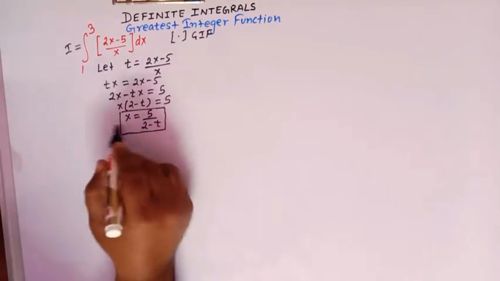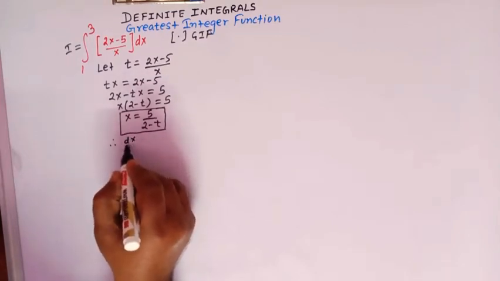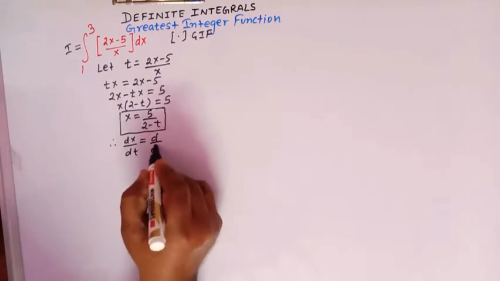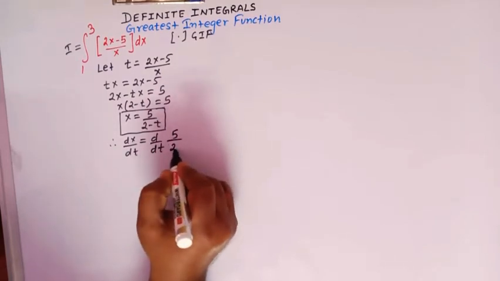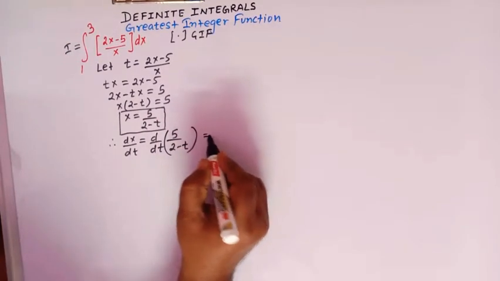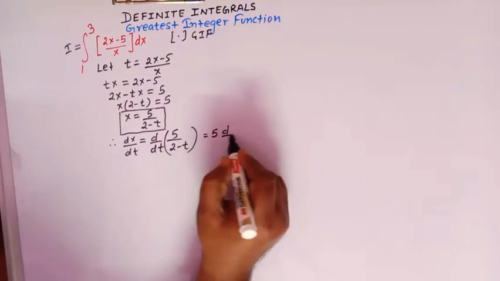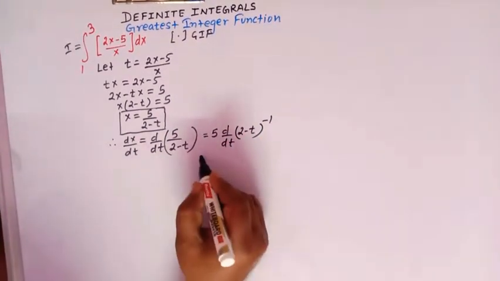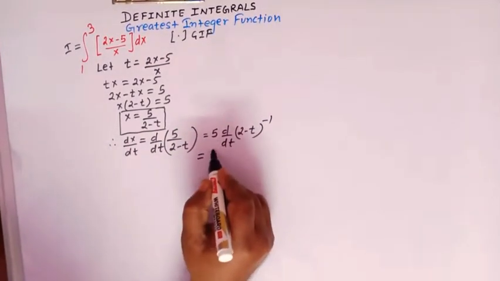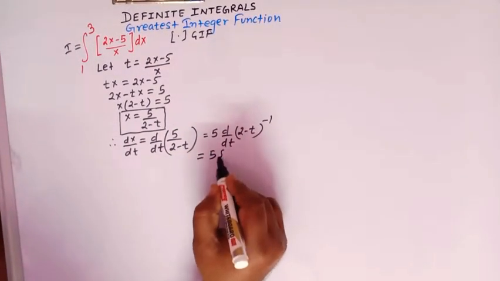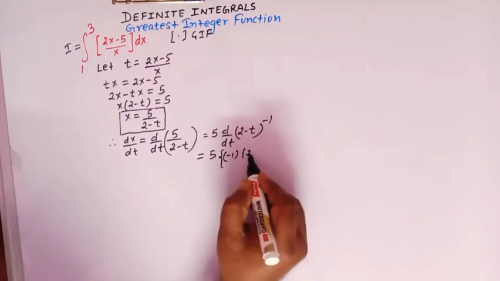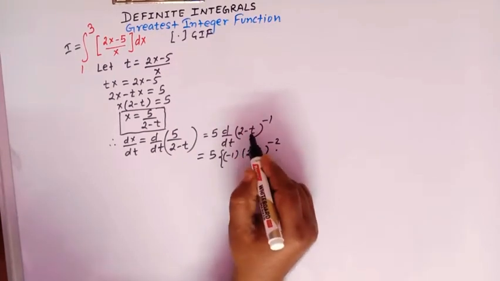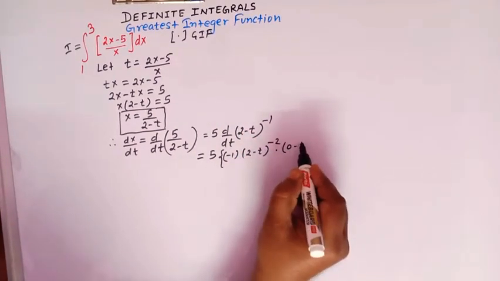So x is equal to 5 over (2 minus t). Now if we differentiate both sides, then we get dx over dt equal to the derivative of 5 over (2 minus t), and we can write it as 5 times the derivative of (2 minus t) raised to minus 1. The derivative of this function is minus 1 times (2 minus t) raised to minus 2, and by the chain rule the derivative of (2 minus t) is 0 minus 1.